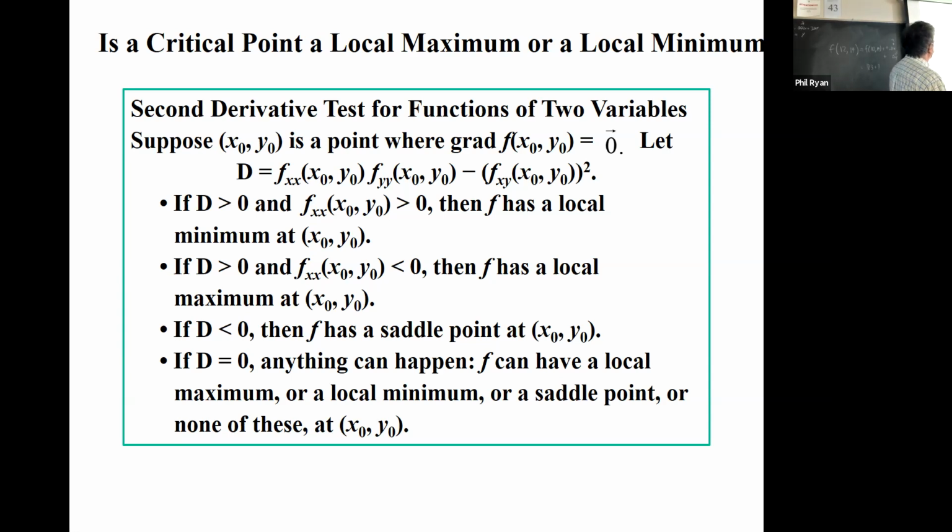If D is positive, then it's either a min or a max, depending upon what the second derivatives, the fxx and fyy, are. If it's negative, it's a saddle point. If it's 0, it's indeterminate.